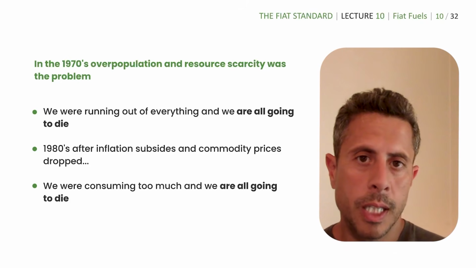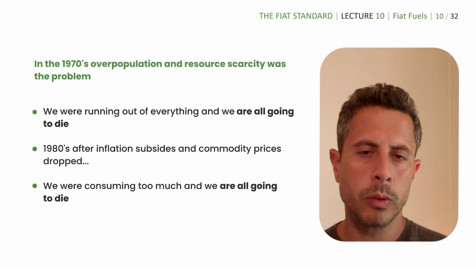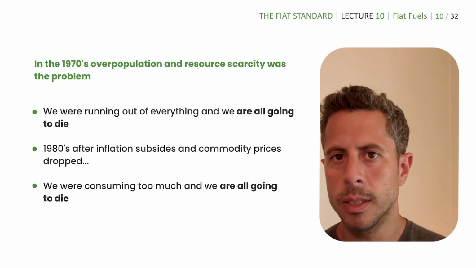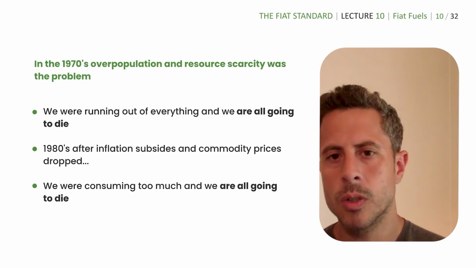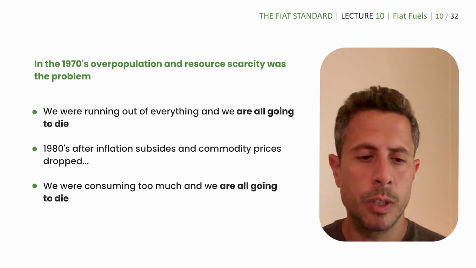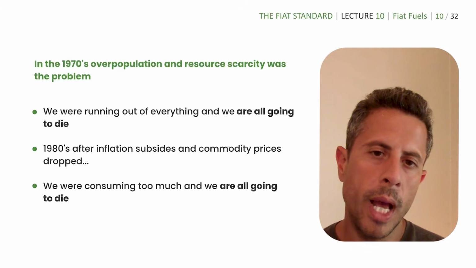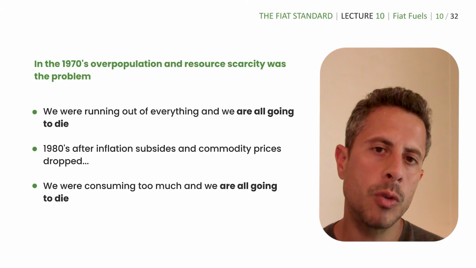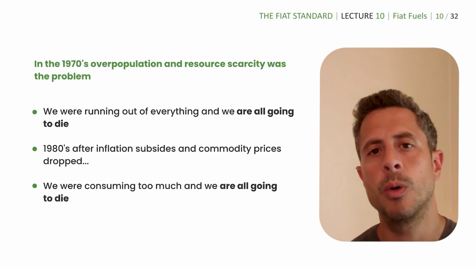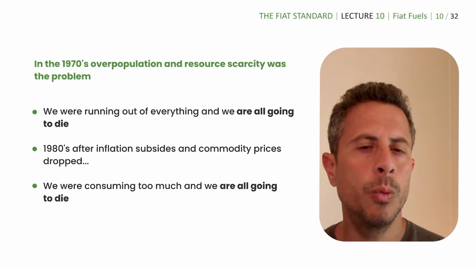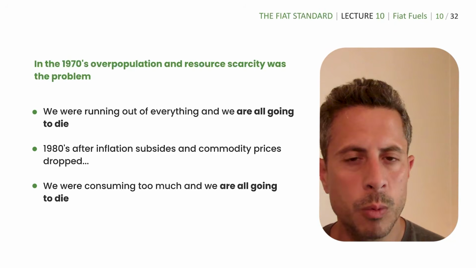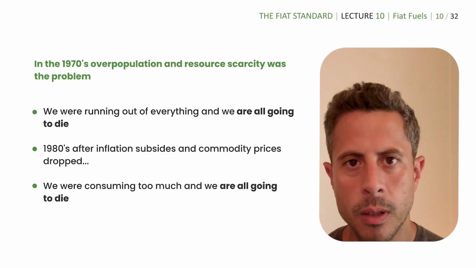Very interesting here that the conclusion to the problems of the world since the 1970s, since the move off the gold exchange standard, I should say, since the move off gold in 1971, we went from we need to stop using oil because oil is running out and we don't have oil, to we need to stop using oil because there's too much oil and if we keep using it, we're going to destroy planet Earth.